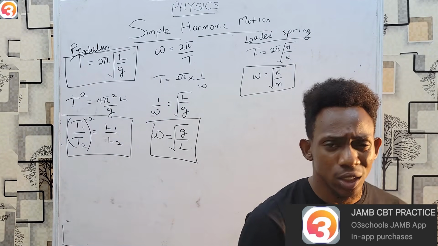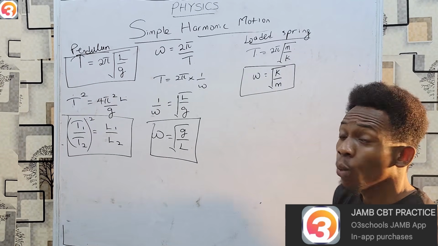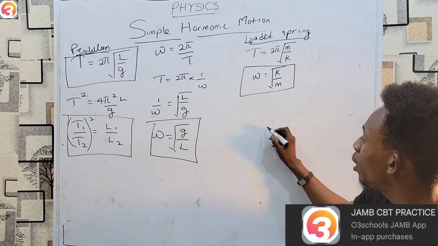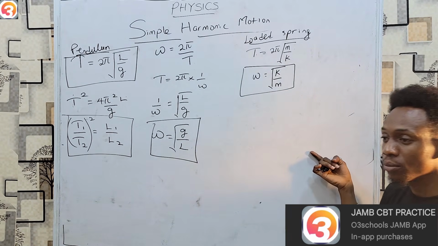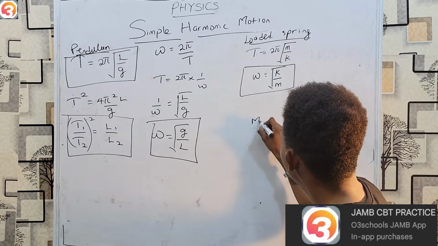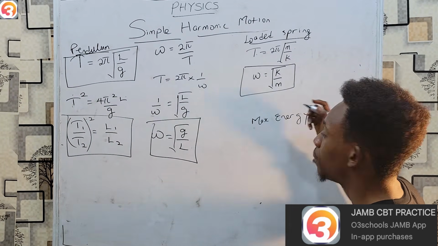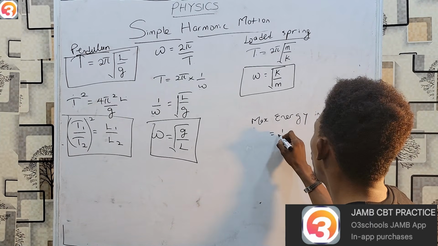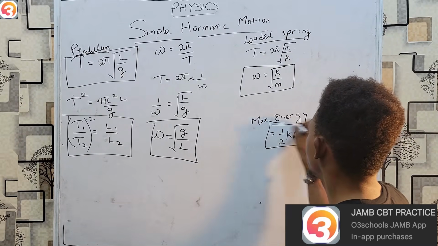There's one last thing, it's very constant in JAMB, but you should know one more thing about harmonic motion, which is the energy. Energy, as you are aware, is getting transformed from potential to kinetic energy. Please note the maximum energy in your system, energy in SHM, equals 1 over 2 K A squared.